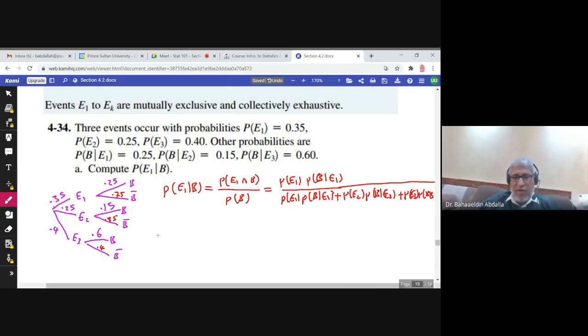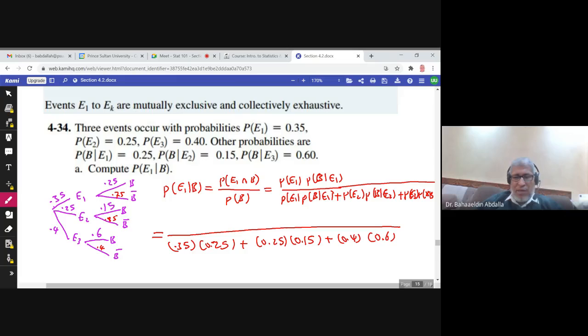So to find probability of B, it's 0.35 times 0.25, plus 0.25 times 0.15, plus 0.4 times 0.6. And E1 intersection B would be the first one, which is 0.35 times 0.25.